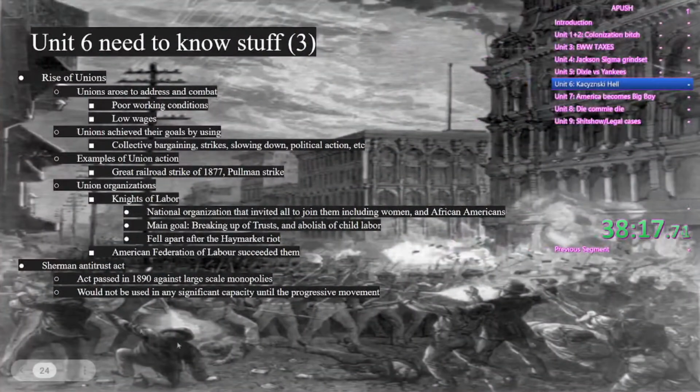So, the rise of unions. Unions rose to address and combat poor working conditions and low wages. The unions achieved their goals by using collective bargaining, strikes, slowing production, and political action.